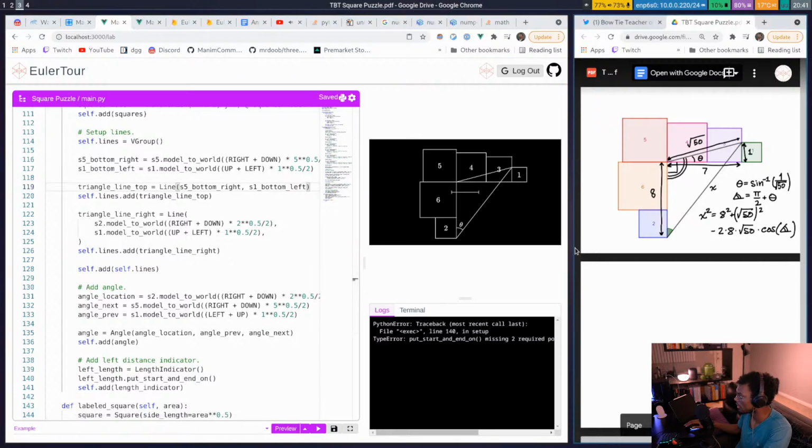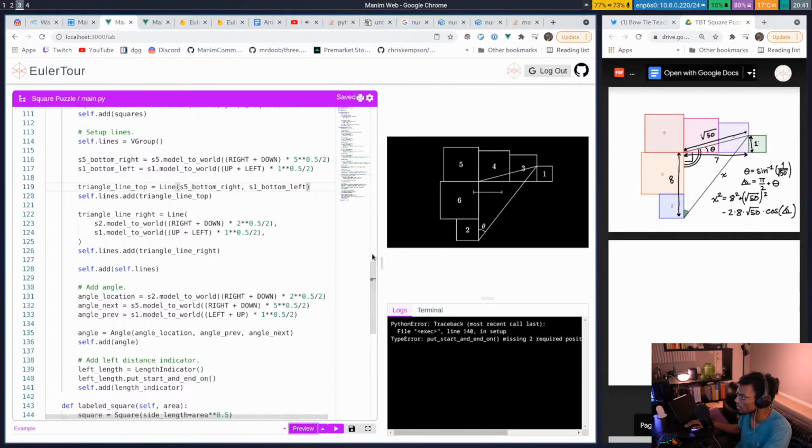Okay, so that does the same thing. Then I have the S2 bottom right.